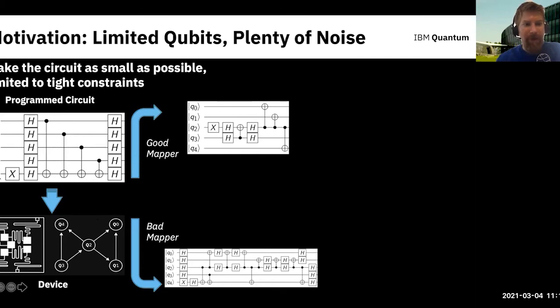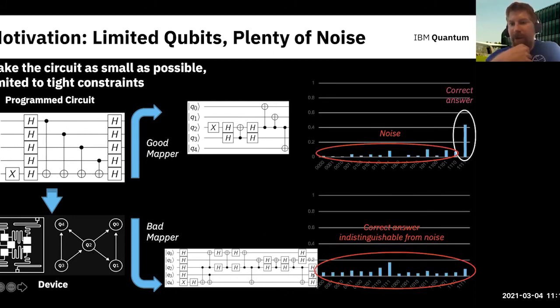However, if you just blindly mapped all the numbered qubits to the same thing, then you'd have C naughts all with Q4, which means you need to swap the data in Q0 and Q1 through Q2 or something because they're not connected to each other. So you end up getting a lot more C naughts, and when you run it on the actual hardware, you get the correct answer most of the time if you had a good mapper, but you get a result that's indistinguishable from noise if you don't use a good mapper.